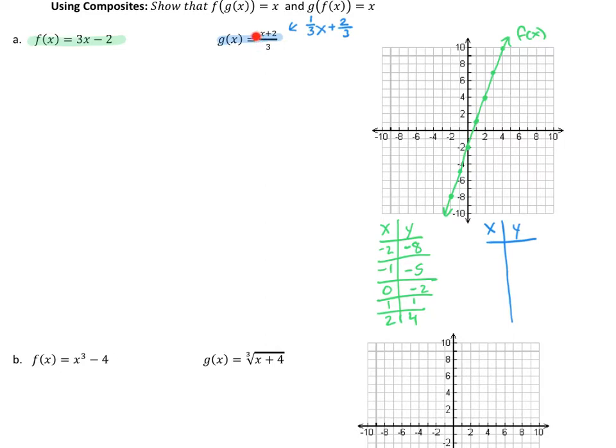So for instance, if I put a 1 in here, 1 plus 2 is going to give me 3, divided by 3 is 1. Okay, so that's a whole number. So I'm going to put 1 here, and that's going to be 1. Other numbers, if I plug a 4 in there or 7, if I plug in a -2 or a -5, I'm just going through this quickly because, teacher knowledge, I know what numbers I can plug in.